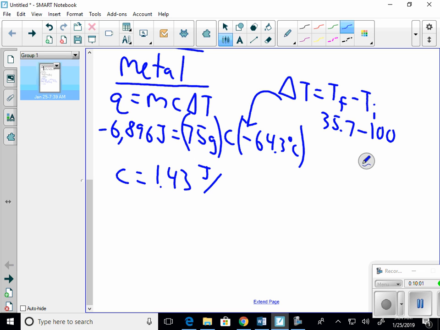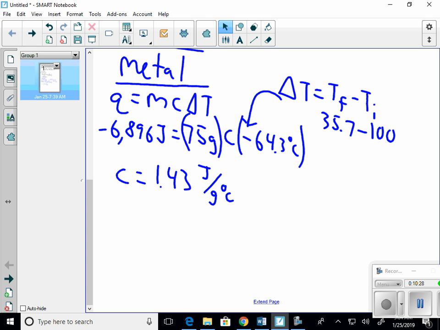It's a joule per gram degree Celsius. What that unit represents is how much energy is needed to make 1 gram of that substance increase its temperature. Metals have a low heat capacity. That's why they feel cold to the touch even though they're at room temperature. Remember last semester you grabbed the desk leg? That feels colder than the desktop even though they're all at the same temperature. It's because it has a lower value.